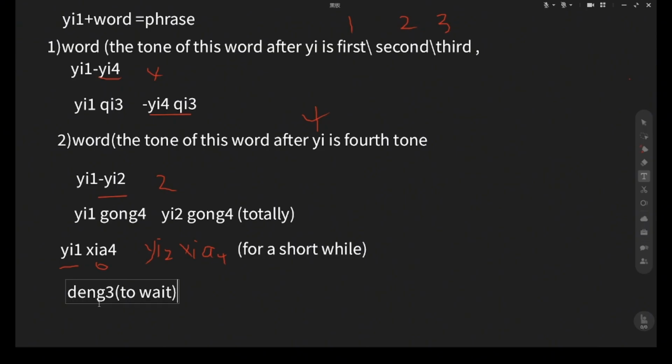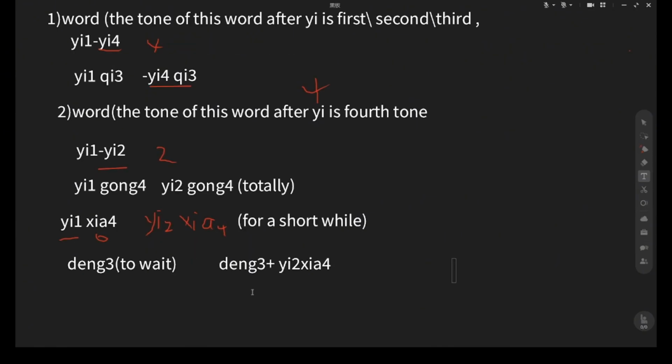If you just say 等, I don't know how long you want me to wait. But if you put 一下 after 等, I know the time of this wait. Maybe not long, okay? This is the meaning of 一下, okay?